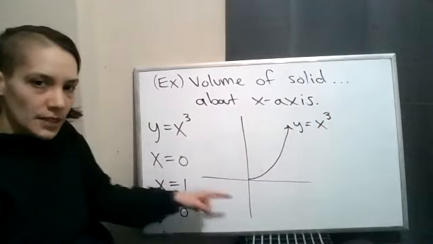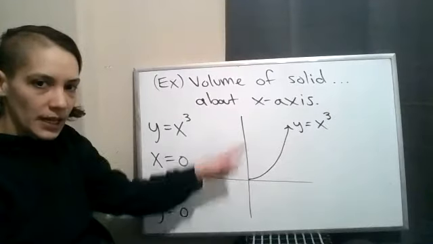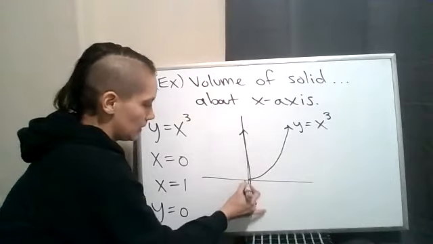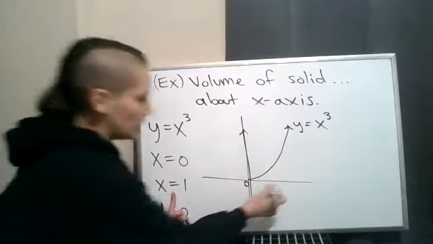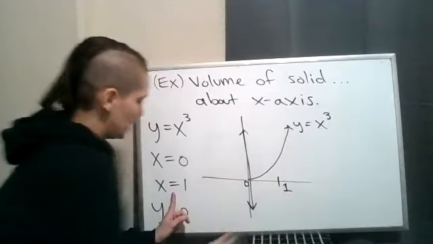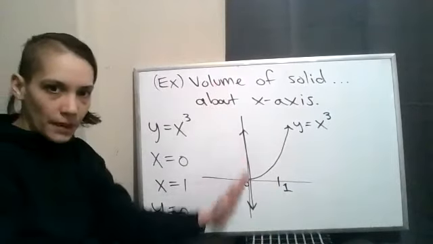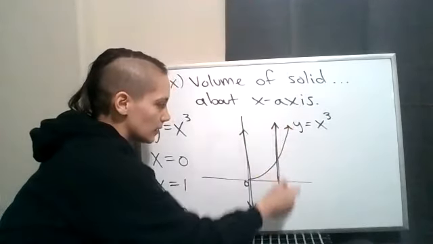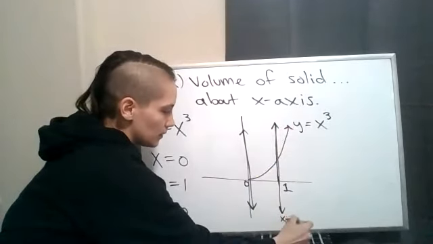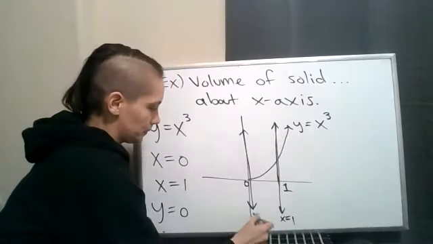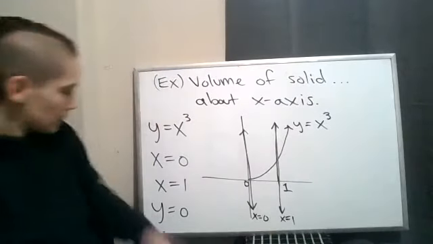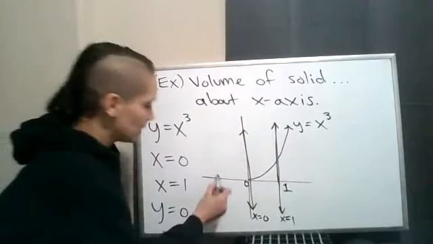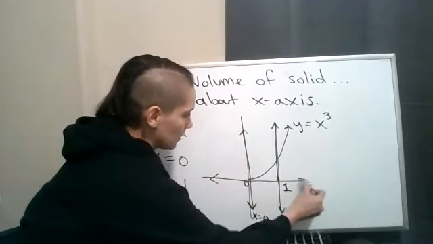X equals 0 means that y can be any value, but x must be over here at 0. X equals 1 is another vertical line. Y equal to 0 is sitting on the x-axis.